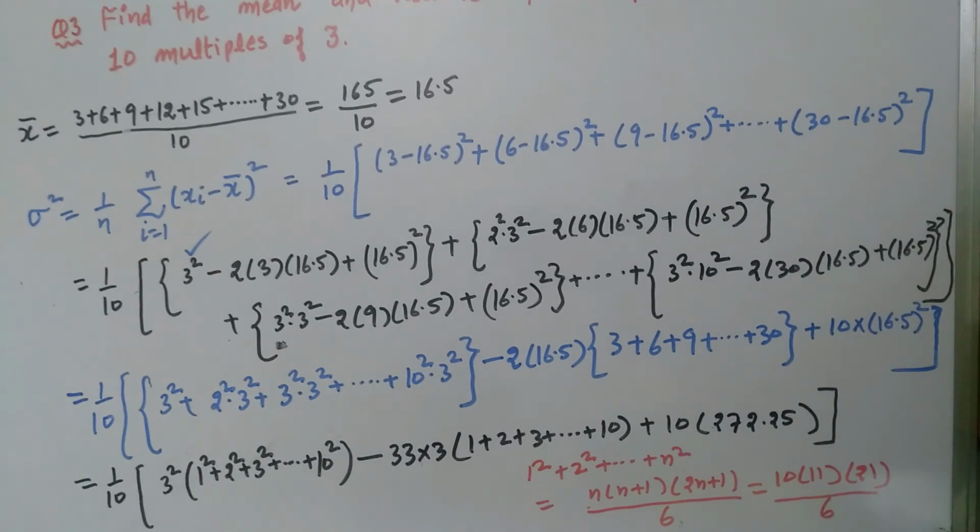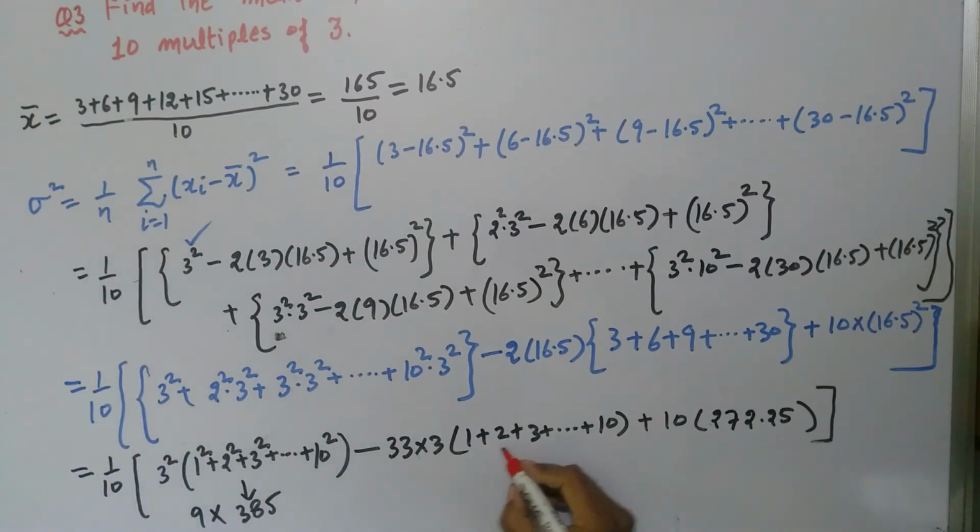Now 3 into 2 is 6, 3 into 7 is 21, 2 ones are 2, 2 fives are 10. Lastly 11 into 7 is 77, 77 into 5 is 385. So we write this value here: 3 square means 9, 9 into 385.